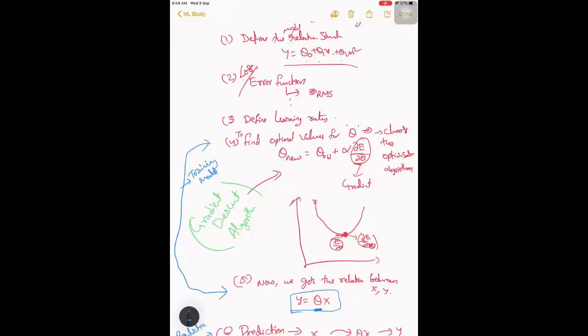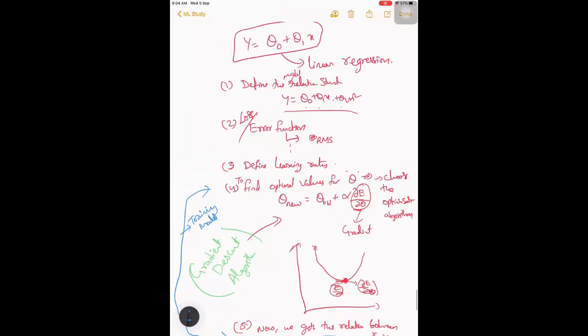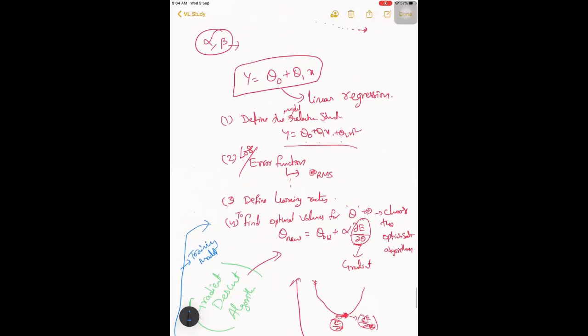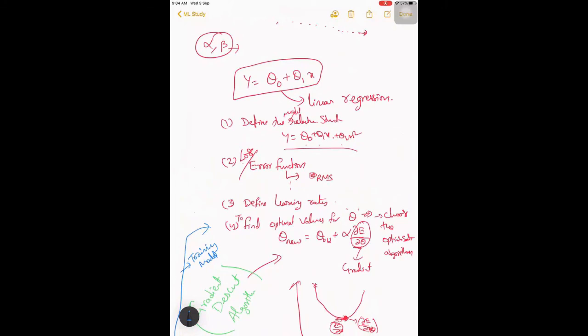In usual cases, for error functions, most of the time we use RMS for regression, but there are a set of 5 to 6 different kinds of error functions.